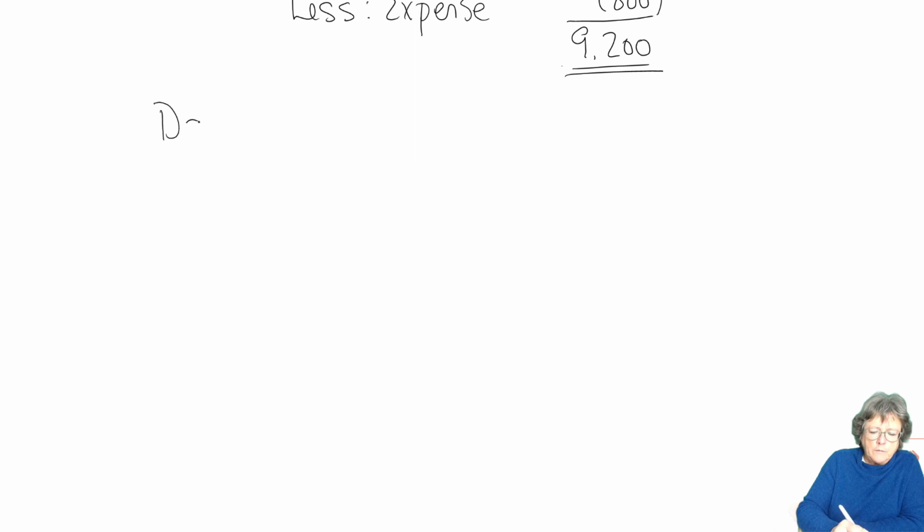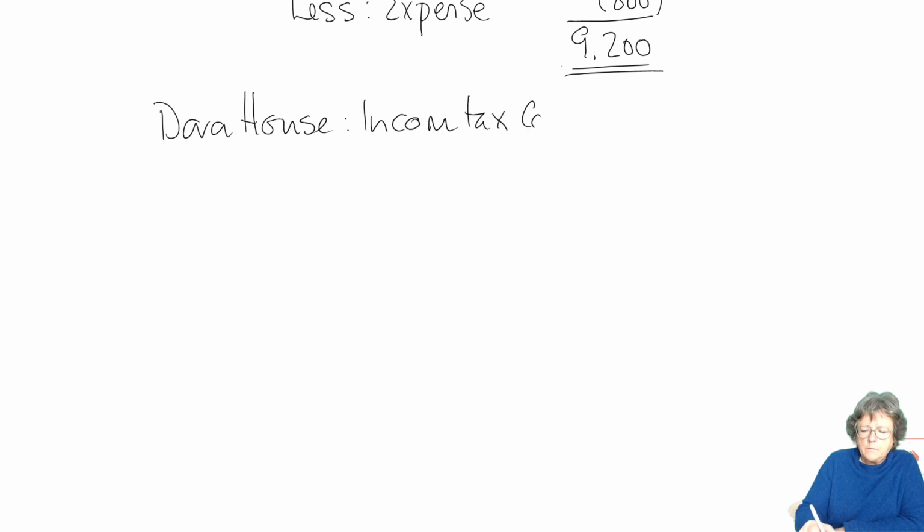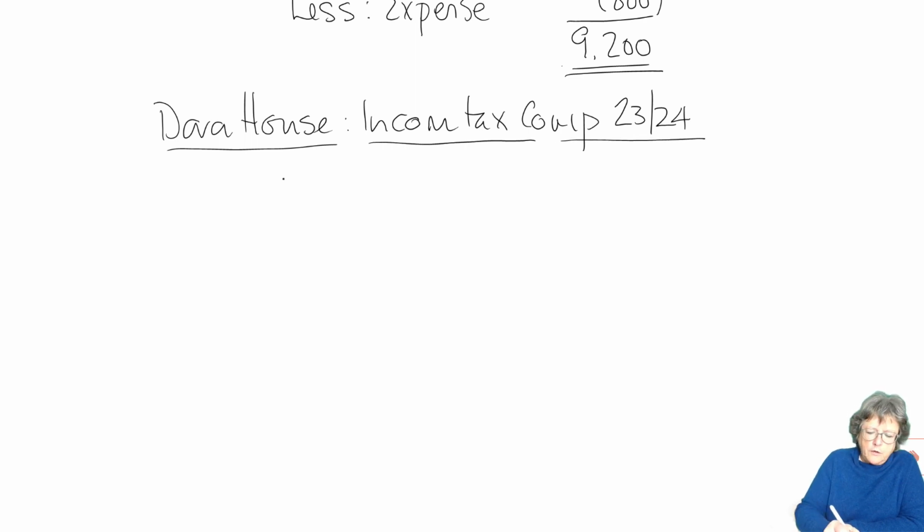So Dora House has an income tax computation, 23-24, and again make sure you put your heading in so that the examiner can see clearly what you are working on. So we have employment income from the question of 60,000.